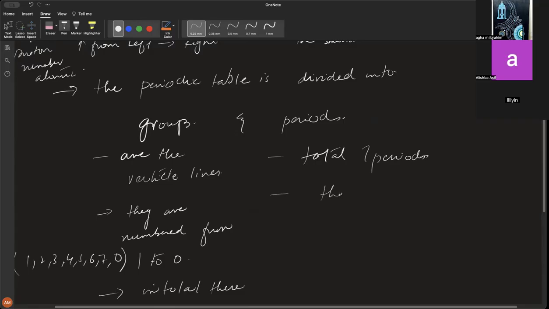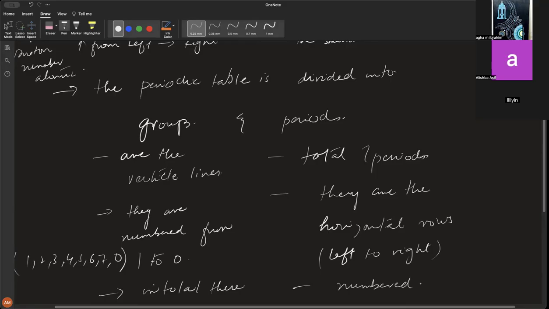They are the horizontal rows, going from left to right. They are numbered 1 to 7.